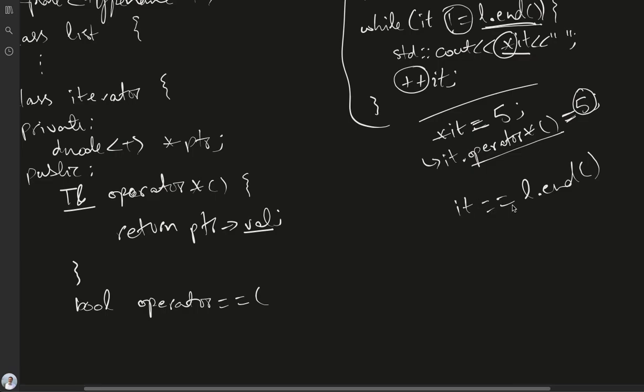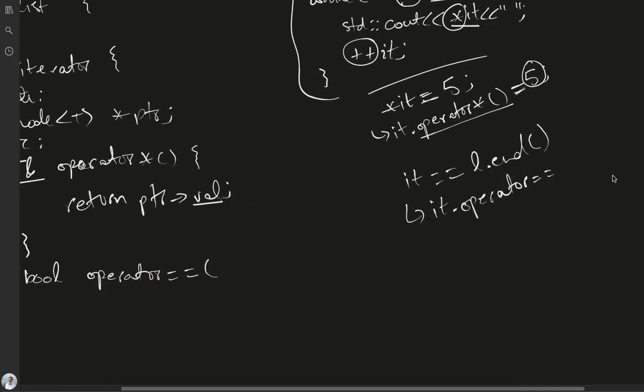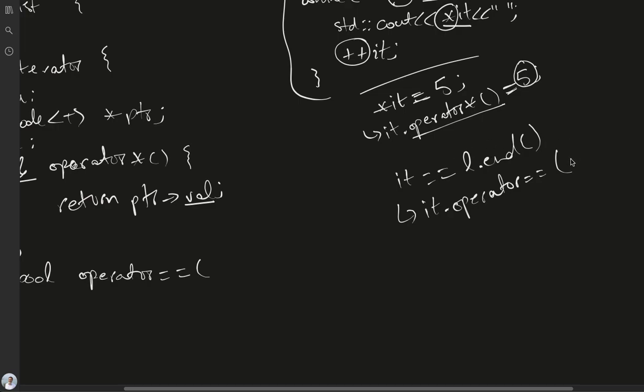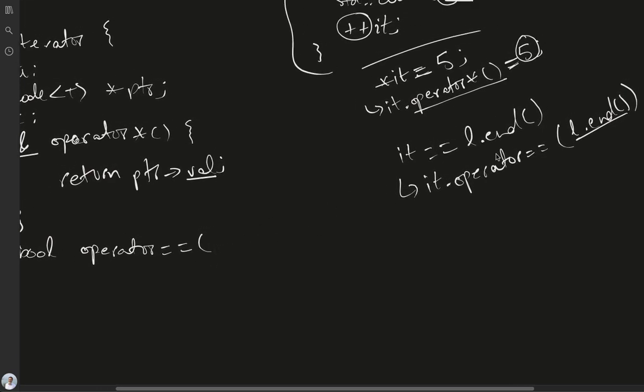On the back end something like it dot operator equal to is called, which we are overloading, and the object on the right side of this operator is passed as a parameter, right?